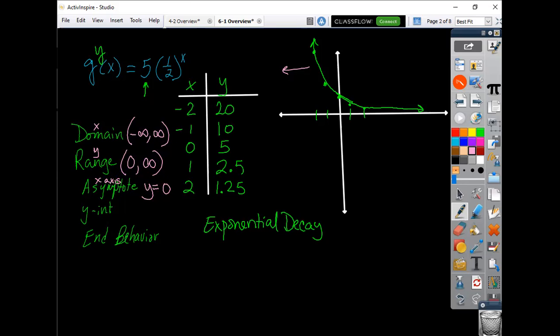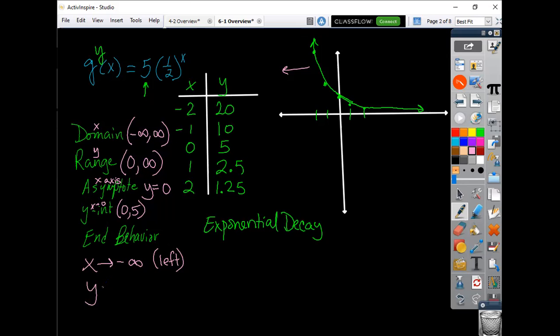And my y-intercept is when x is 0. And so when x is 0, that y came out to a 5. And my end behavior, as x goes to negative infinity, that would be like going to the left, my y does what? Over here to the left, my y goes up forever.